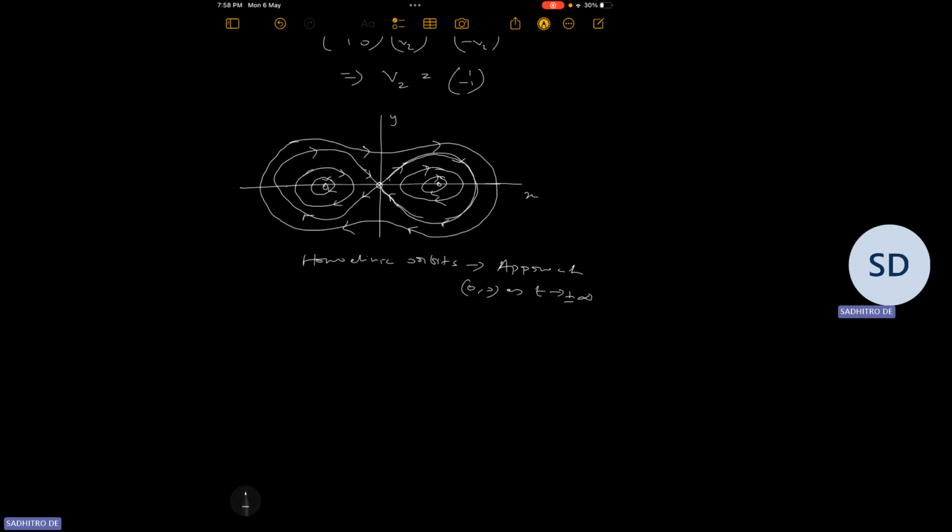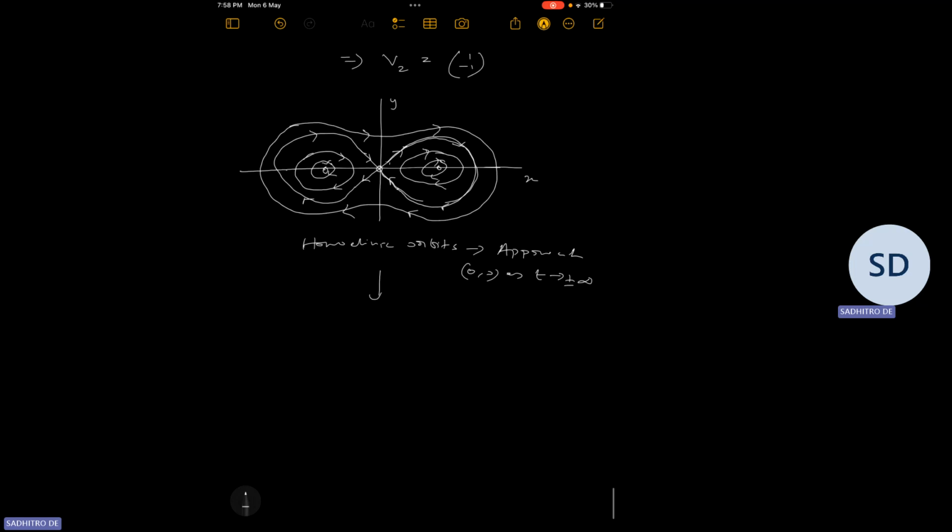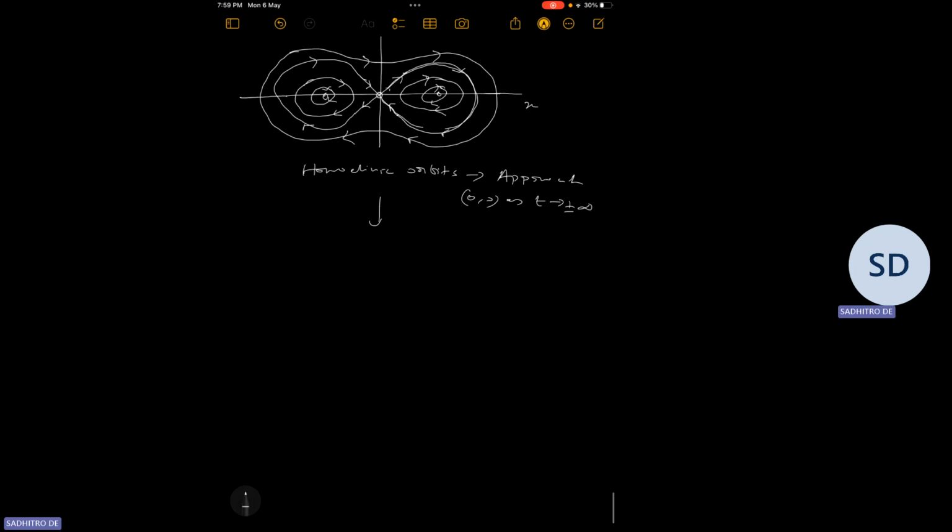And so if you look at it from the potential perspective, so if you try to draw the potential well for the system, the potential basically looks somewhat like this. Okay. So the small orbits about the centers, so these are basically the centers, and the origin, this is the saddle point.